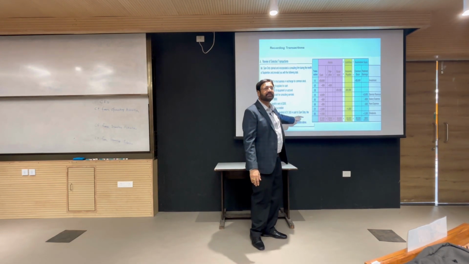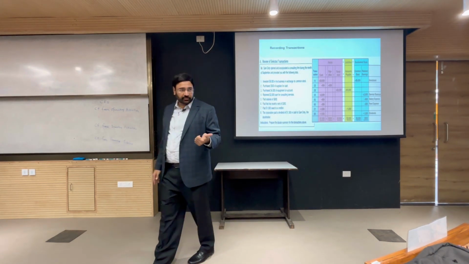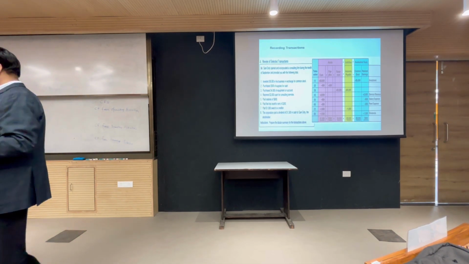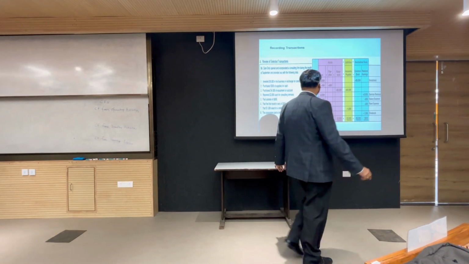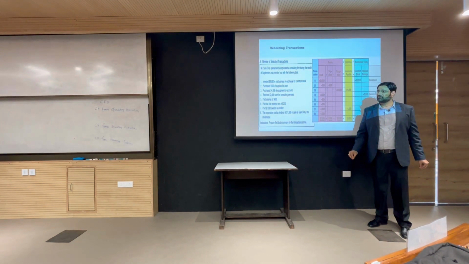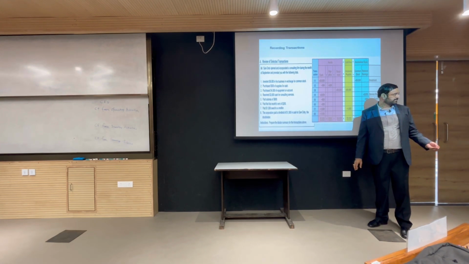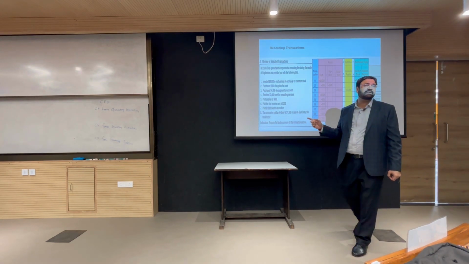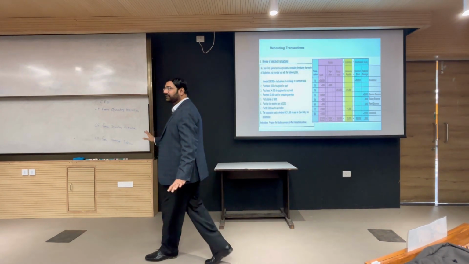All these activities we now have to classify as operating, investing, or financing activities. The first is 8,000, which is the issuance of shares, or sale of shares by the company. Is this an operating activity? No. Is this an investing activity? No. It is a financing activity.